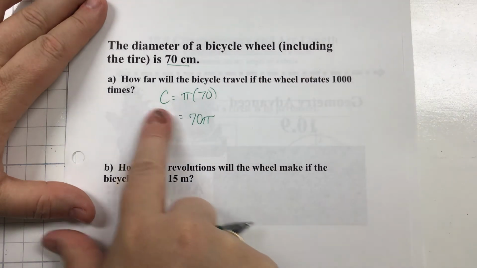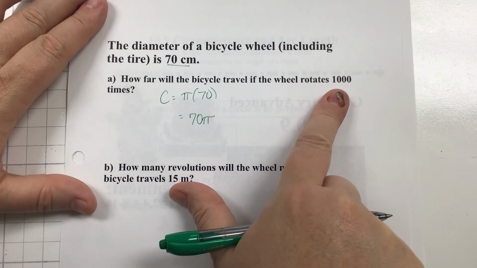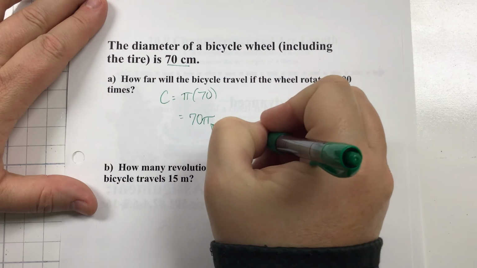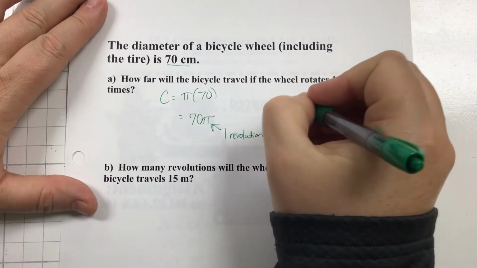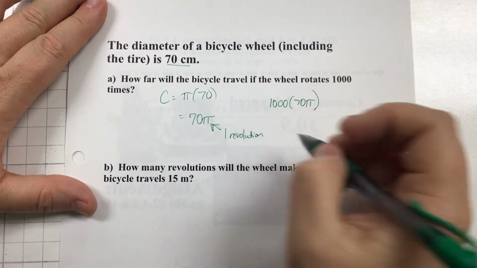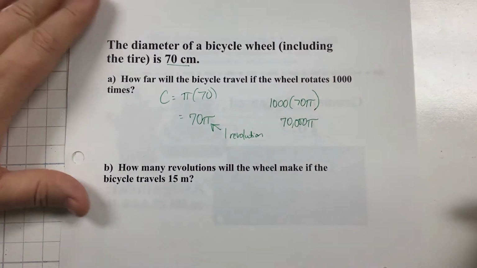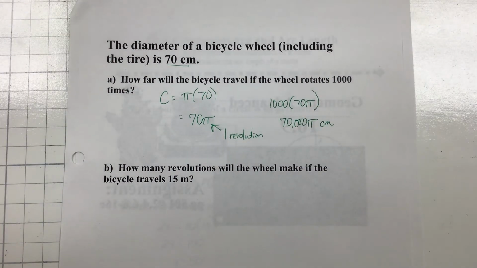Now, continuing on here, I want to figure out, again, how far it travels in 1,000. So this is 1 revolution. So I'm going to take 1,000 times 70 pi, which as an exact answer, would be 70,000 pi. And I should have units here, so I'm talking about centimeters. And if I wanted a more exact answer, I could use my calculator and type in 70,000 times pi.